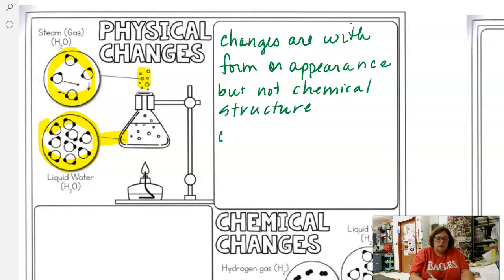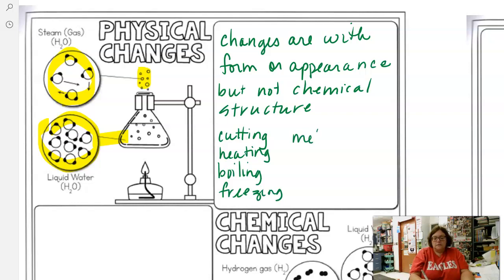Examples: cutting something, heating something, boiling, freezing, melting, changing something's shape, like Play-Doh. Those are all physical changes.